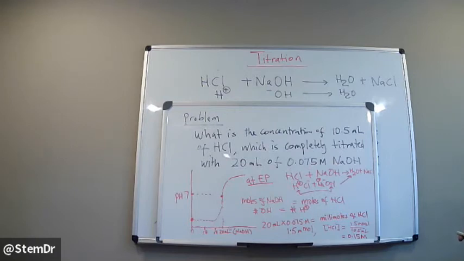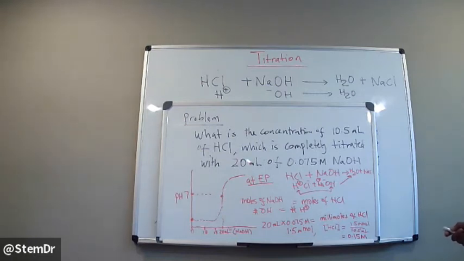So the concentration of the unknown acid is now directly determined from the titration curve or from the information given here. For example, if the volume was not given and only the concentration of 0.075 molar sodium hydroxide was given, you can also see in the curve that it took 20 ml to get to the equivalence point.